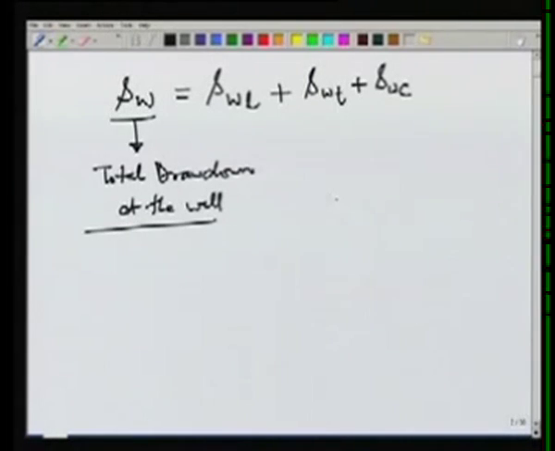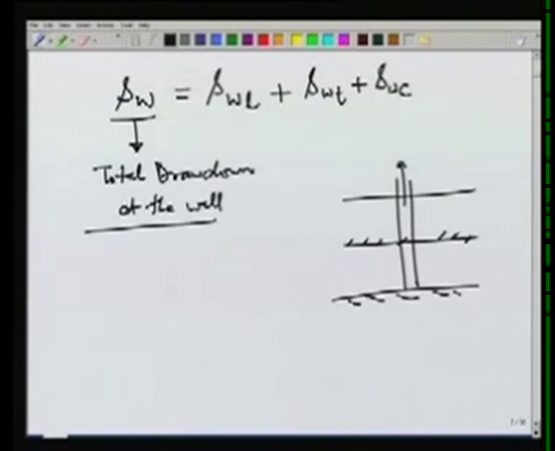And if we draw the same figure again, this is the initial piezometric level before the pumping is started, and then a final piezometric level after the steady state has been reached, and this is the drawdown at the well, SW.